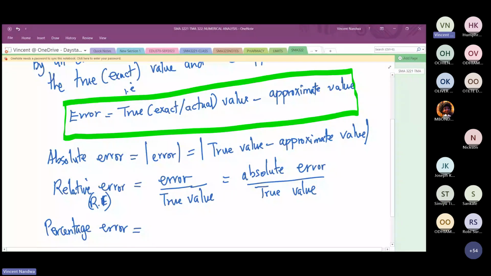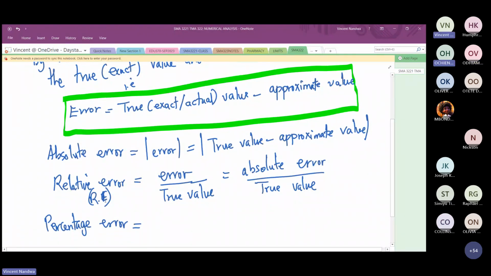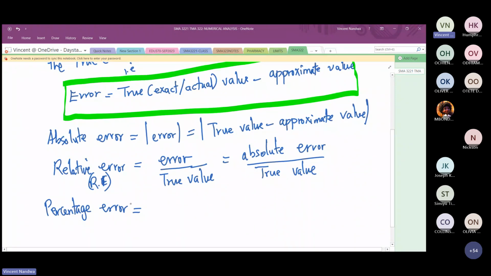Percentage error is given by? Percentage error is relative error times 100. Correct. Relative error times 100%.